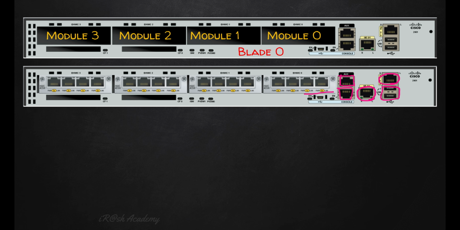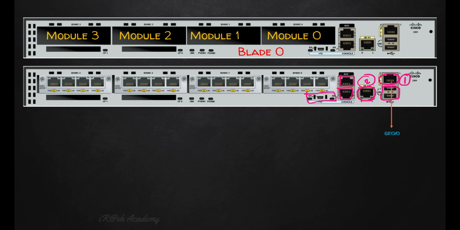So other than the auxiliary, console and USB ports, what network interfaces can we use from this device? One is this one and the second one is this one. So there are 2 interfaces available in blade 0. So they will be named 0 and 1 respectively.